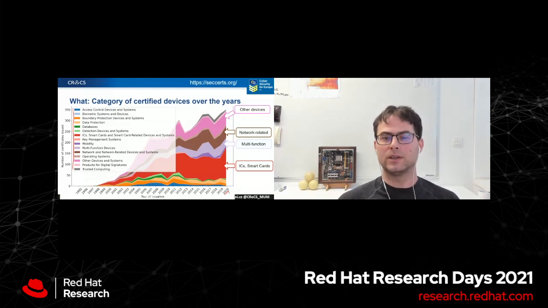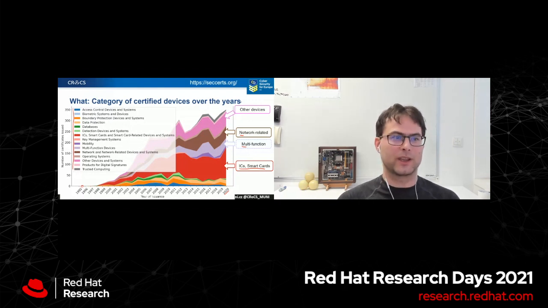The second thing you can see is that the popular categories are smart cards, cryptographic smart cards, and integrated circuits for this domain, and so on. Also network-related things like firewalls, and multifunction devices. These are printers, copiers, and stuff like that. There are other devices that can't fit into any of the outlined categories.